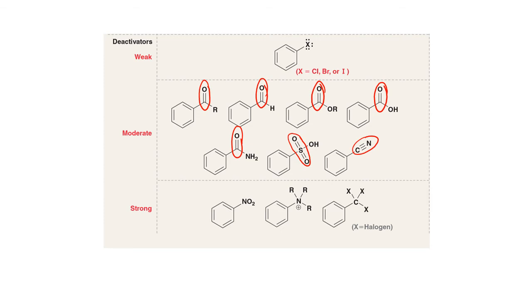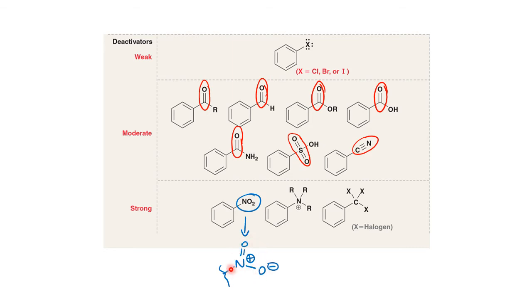Our strong deactivators are going to be considered a nitro group, and a nitro group actually has resonance. A nitro group has this structure. Now, the reason that this group is a much stronger deactivator than the moderate deactivators is because you have 3 highly electronegative atoms.